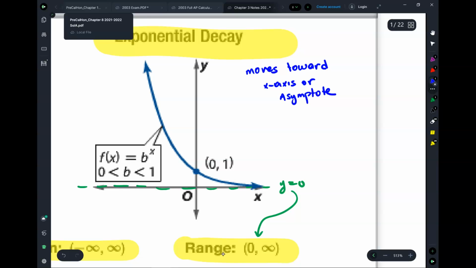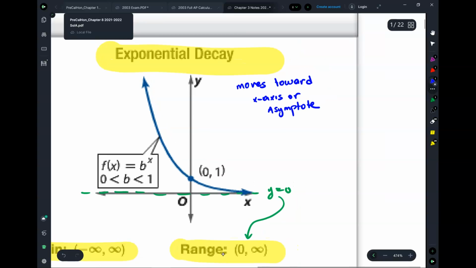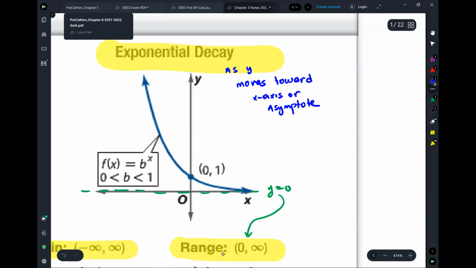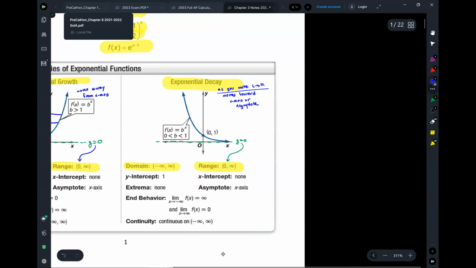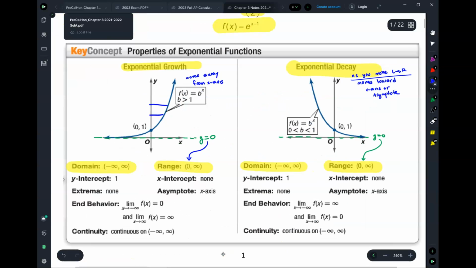And this is only as you go from left to right. Okay, that's important. So that's how, when you look at a graph, you can figure out, is it exponential growth or decay?